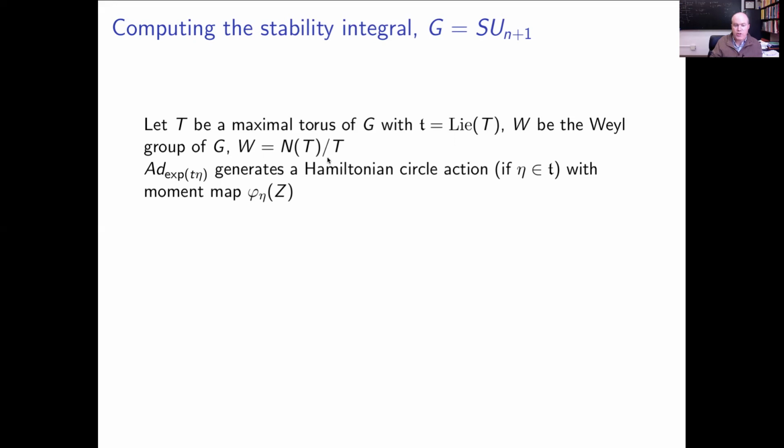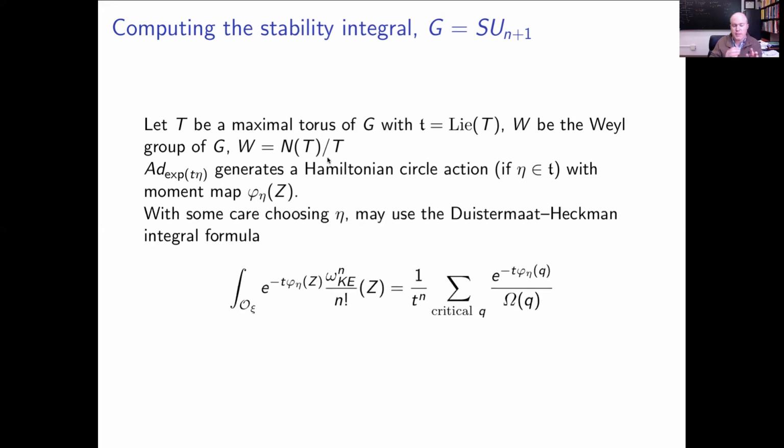When you have a circle action, there's a very nice formula called the Duistermaat-Heckman integral formula, which relates the integral of this function to the sum over the critical points of this function, a weighted sum of the function evaluated at critical points. And the weights here come from root space decompositions and all have to be calculated.